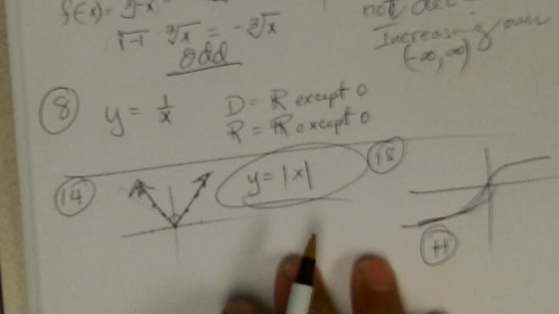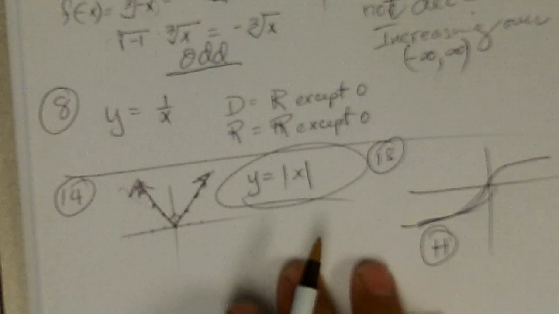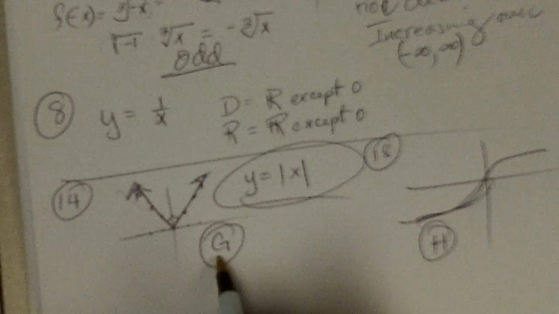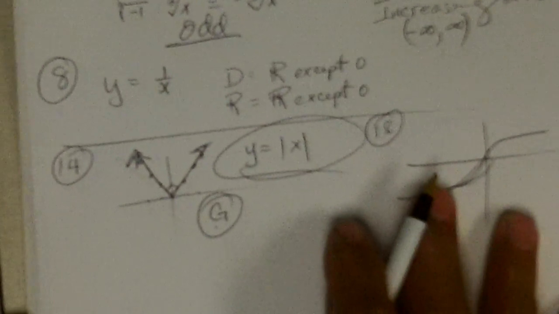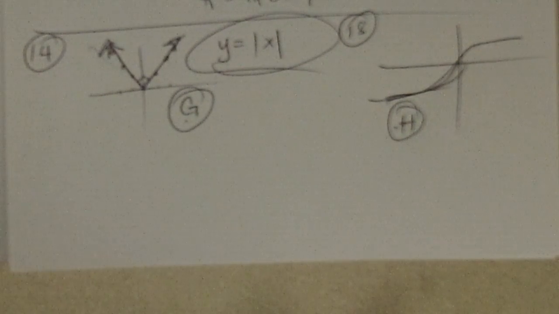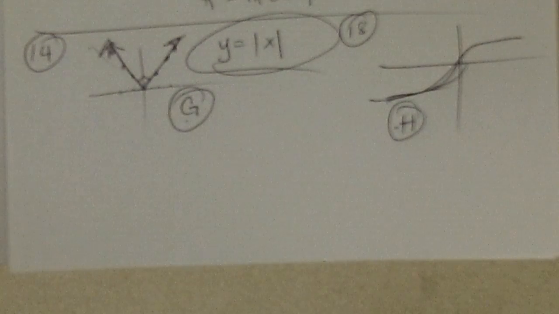The absolute value function is g, so for 14, the answer is g. So those are the correct answers for those two, 14 and 18. Now I'll do another video. No, I'll just keep going here.